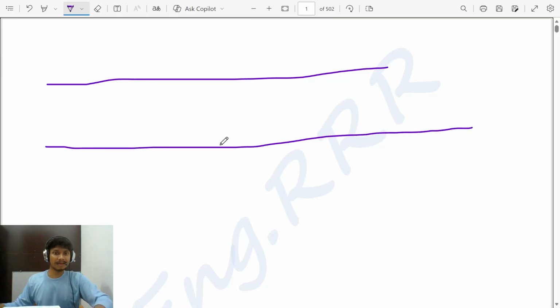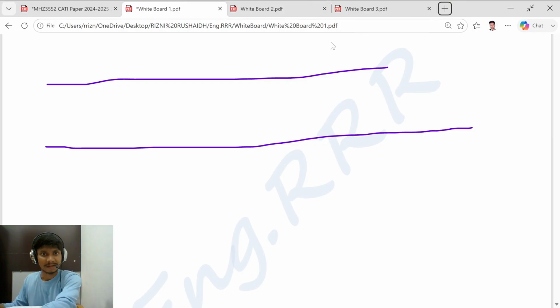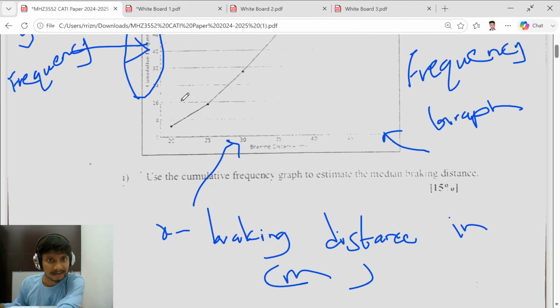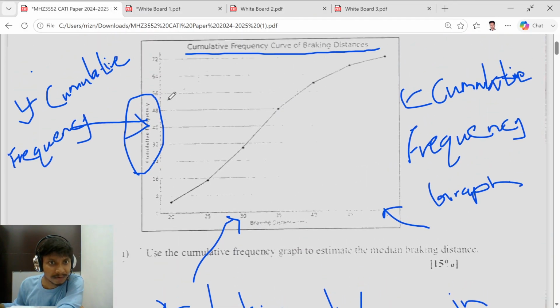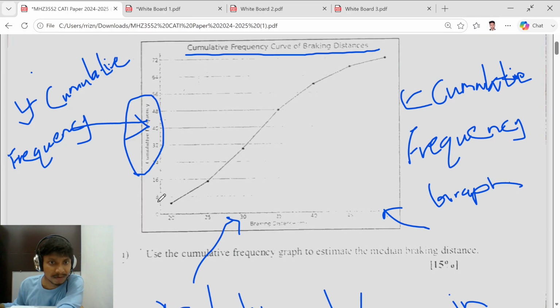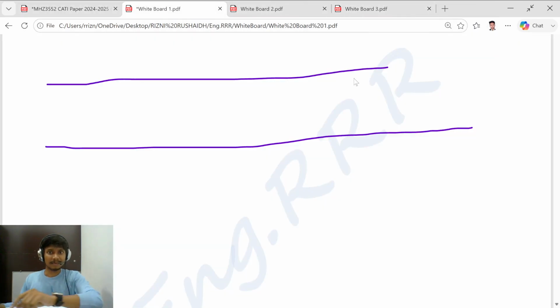This is a very important theory. Please assume that this is the total cumulative frequency. Here the total frequency is 0 to 72. What is the final number? 72.